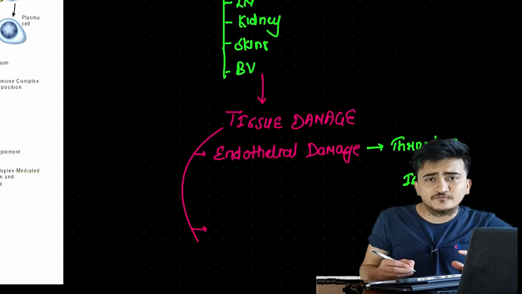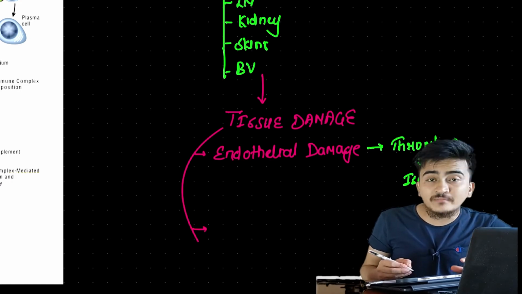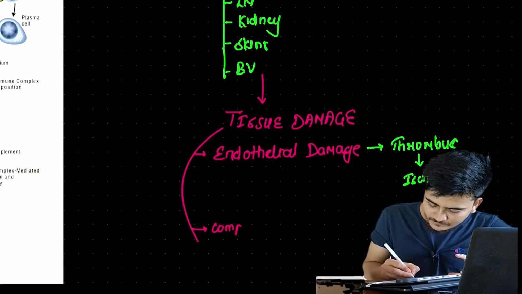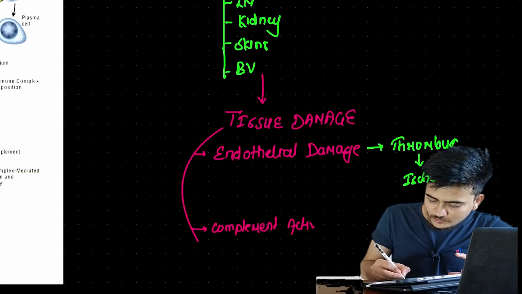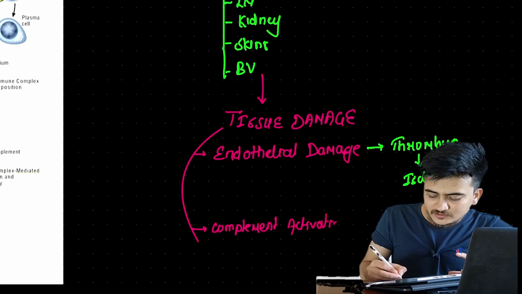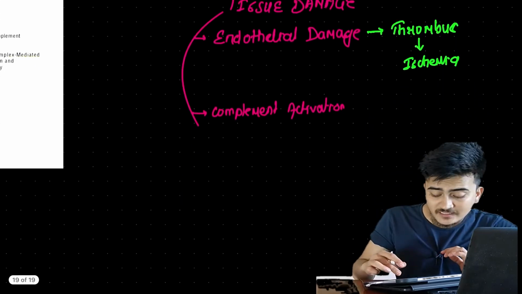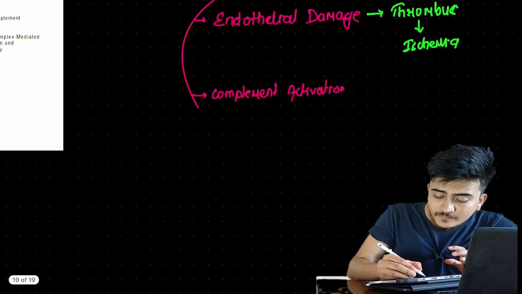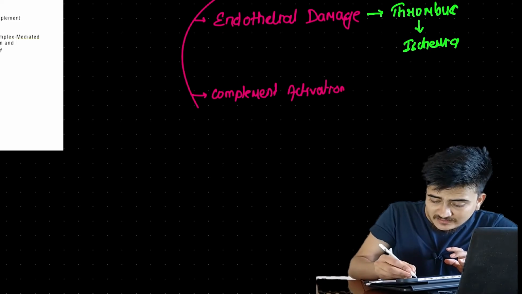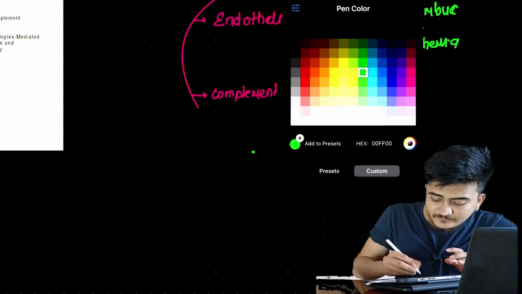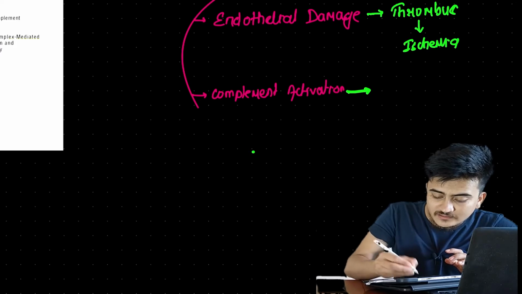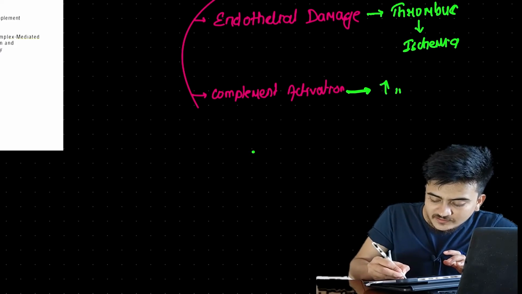Another way for tissue damage is complement activation. What does this complement activation do? It produces several chemical mediators, and these chemical mediators will be responsible for increasing inflammation.